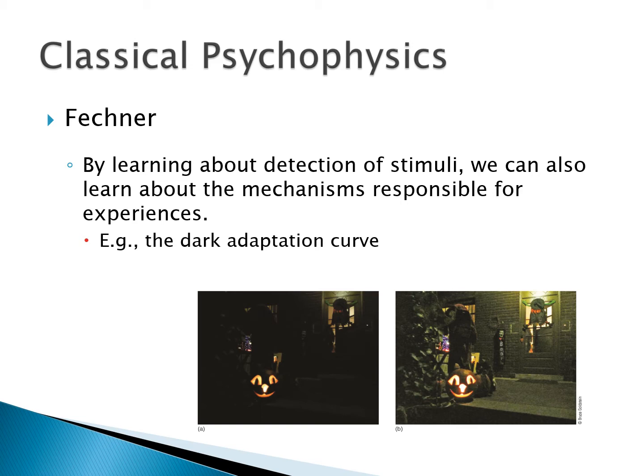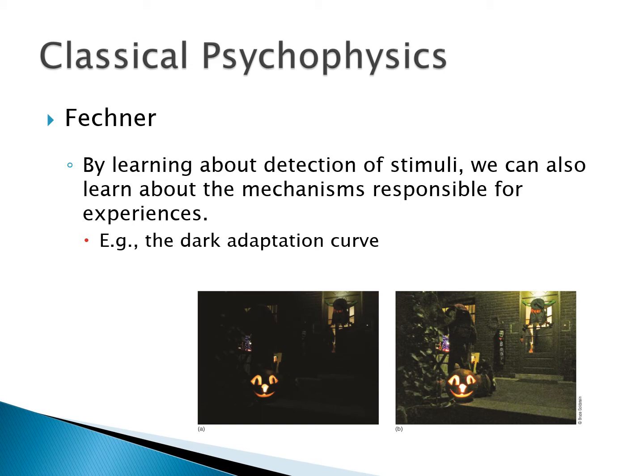and that takes time. Well, we learned about that dark adaptation curve because of one of those classical psychophysical methods, the method of adjustment. So people would start off in the light, but then we'd turn all the lights off, and we'd say, can you see this flashing test light? And they would turn down the knob lower and lower on that flashing test light until they could no longer see it.